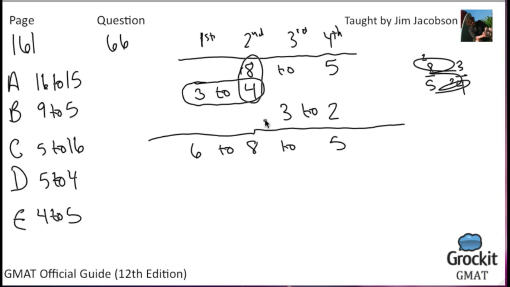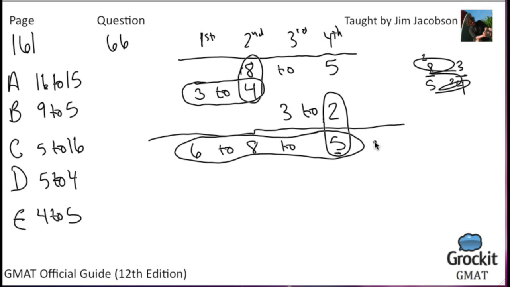However, we need first to third, so this is the one that's still missing here. We need to have these in the same ratio, and the common multiple of 2 and 5 is 10. So in order to get this guy to 10, we need to multiply all of these by the same number, namely by 2.